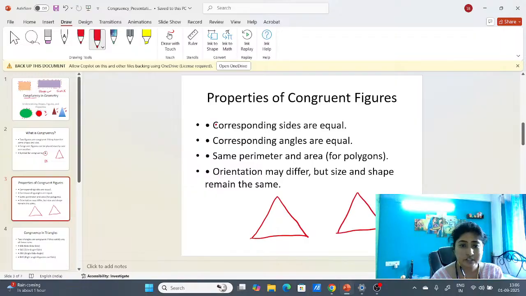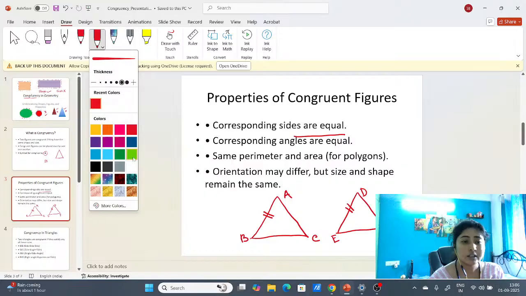Suppose this is my triangle ABC and this is my DEF. If they are congruent, then they must have equal sides. Suppose this side is equal to this side.